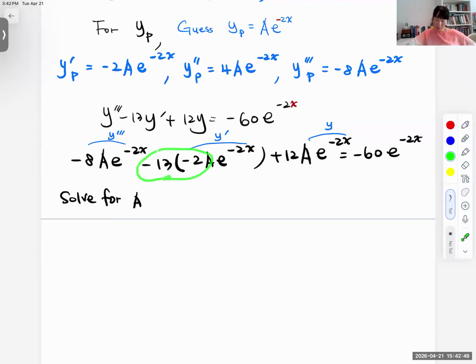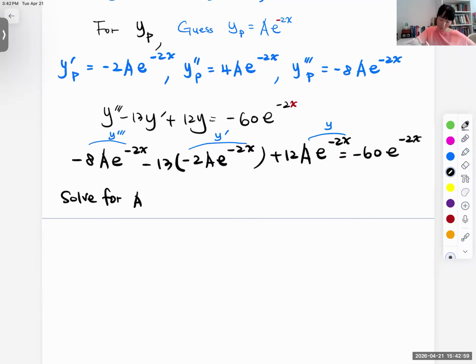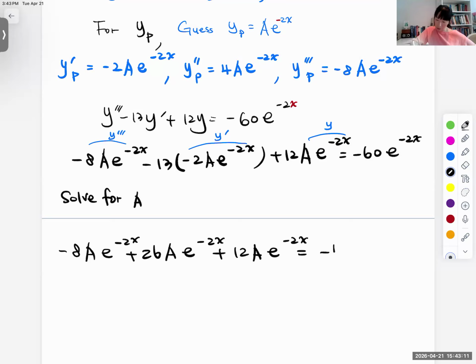Let's multiply this one. Let me do everything one step more. So it's a positive 26a plus 12a e to the negative 2x equal to negative 60 e to the negative 2x.